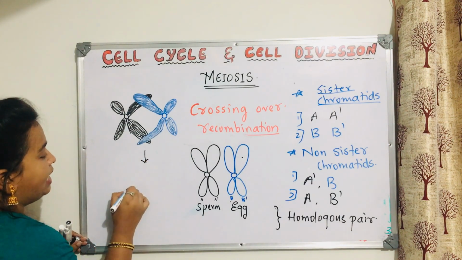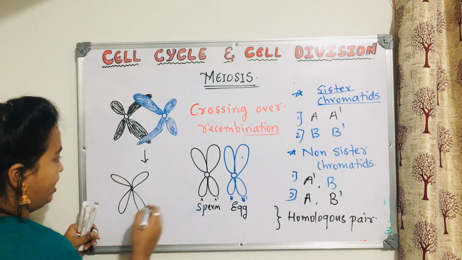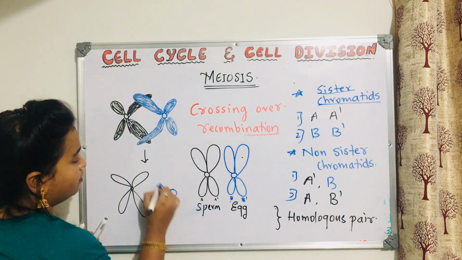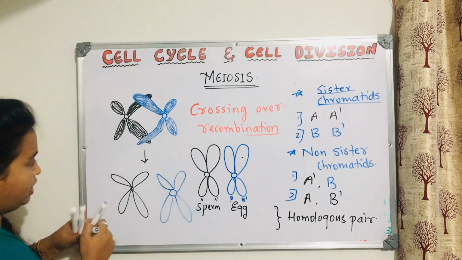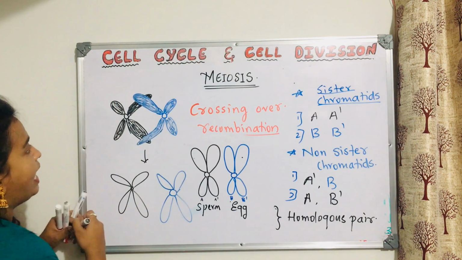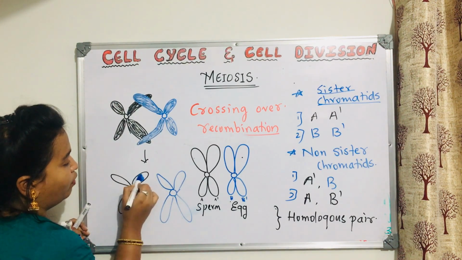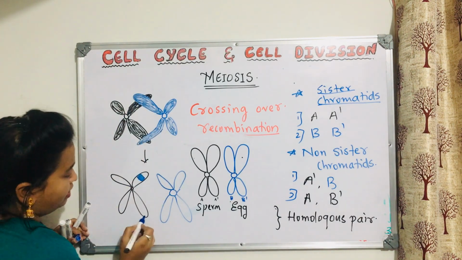You will see that chromosomes after separation will particularly have the genes of this chromosome over here, because there only they have crossed, and this here.